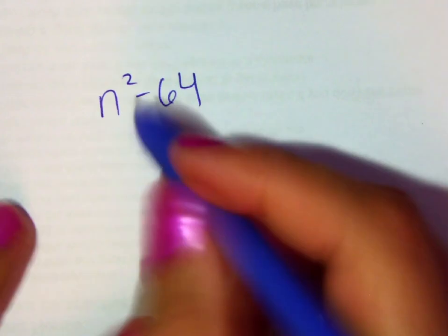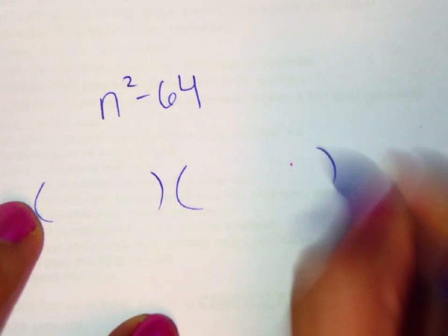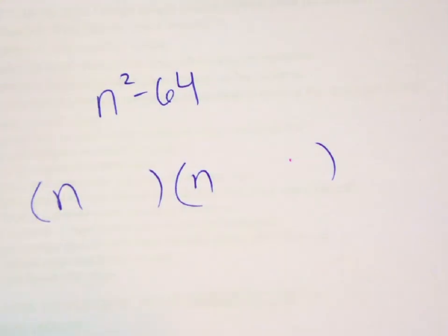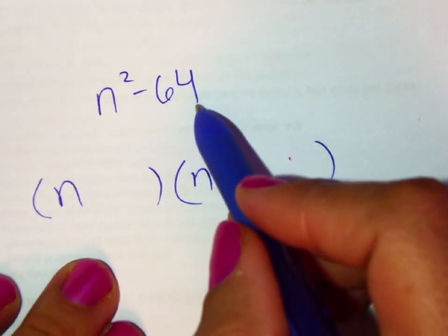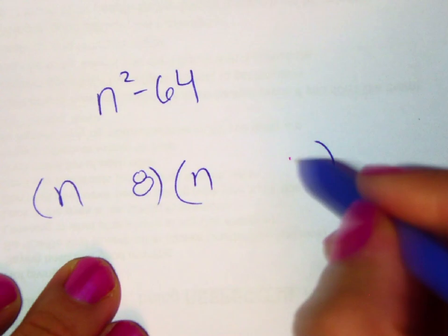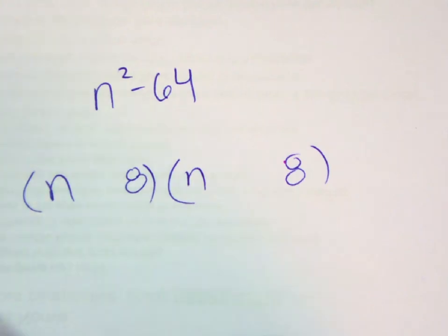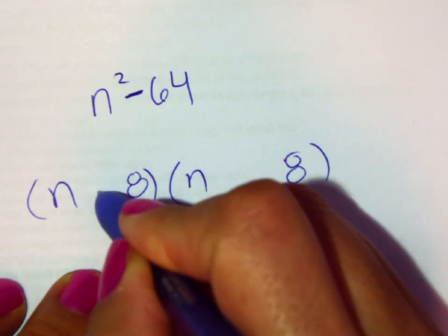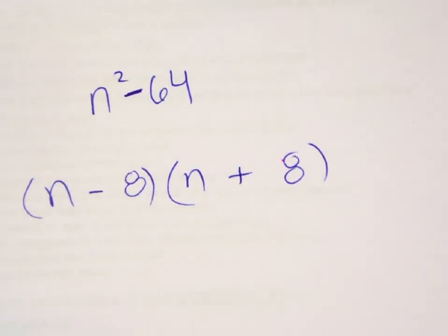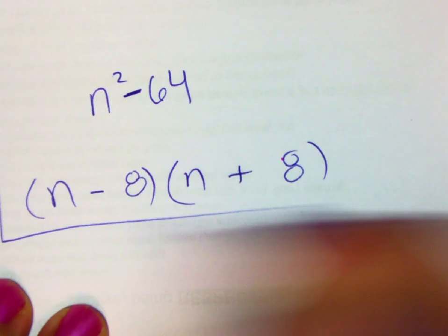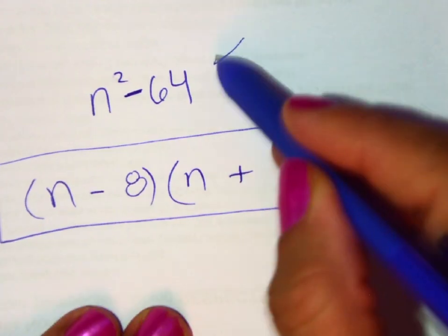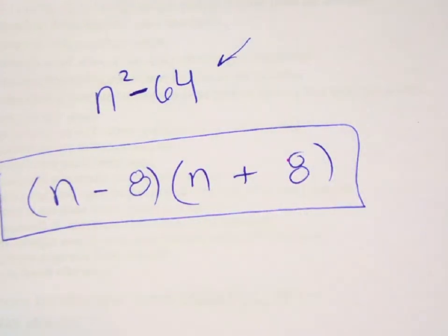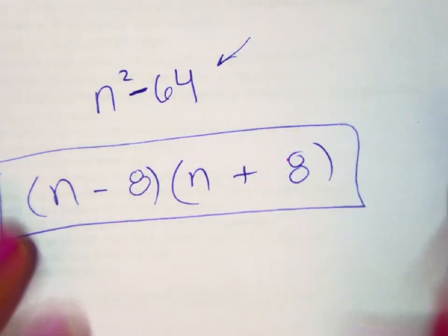And we talked about how n is the answer to multiplying n times n. And if you look at 64, 64 is the answer of multiplying 8 times 8. So because that works, and this is a minus, you do have a plus and a minus in the middle, and then those are the factors for that polynomial. These are the two binomials you multiply to get that as an answer.